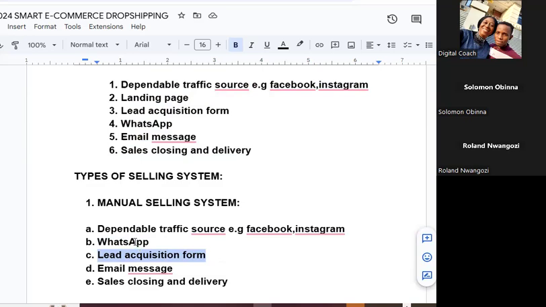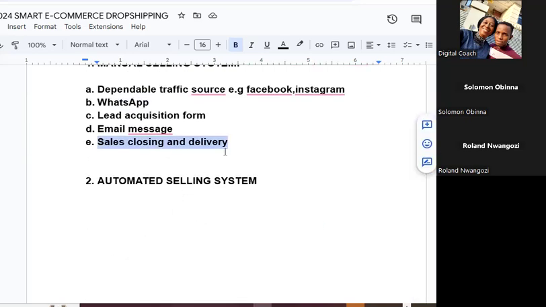If it comes in variations, what is the color they want? Different information. You take their delivery address, you take the necessary key information. Once they fill that form and submit, you will receive an email that someone has made an order for your product. Then you can call up the person and close your sale. So that is the manual selling system.